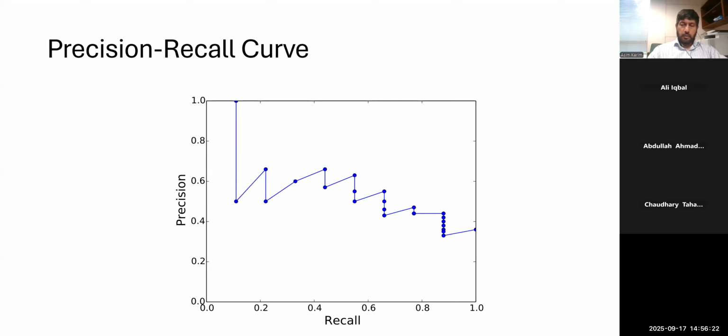So you can plot the precision and recall for a given query. On the x-axis we have recall, on the y-axis we have precision. So how would you vary the precision and recall? So basically you take, remember the retrieved documents are ranked.